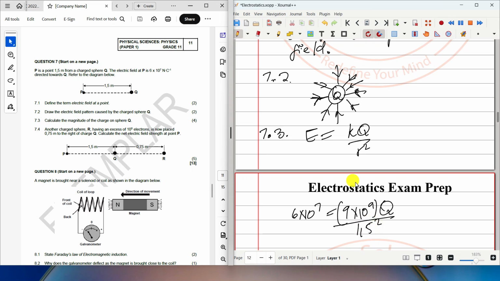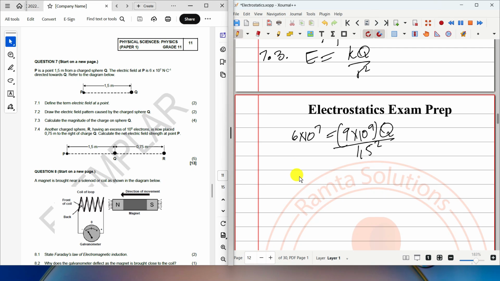So 6 times 10 to the 7 divided by 9 times 10 to the 9 over 1.5 squared. What is our answer? Our answer, I see Q is equal to 0.015 coulombs.